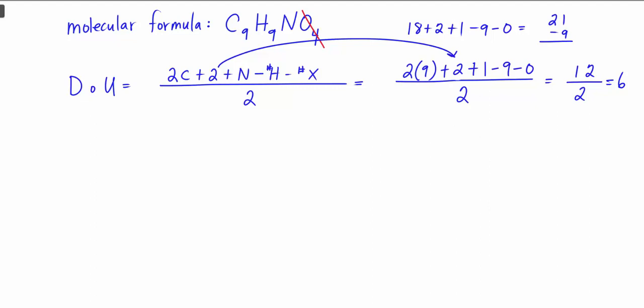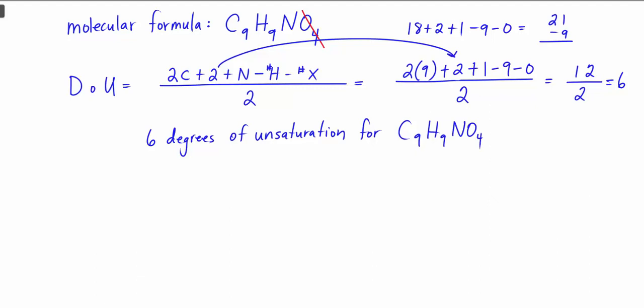So we have 6 degrees of unsaturation for C9H9NO4.